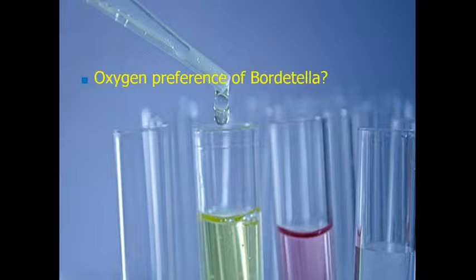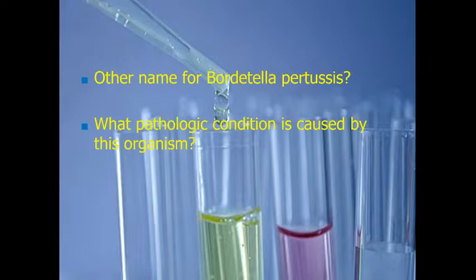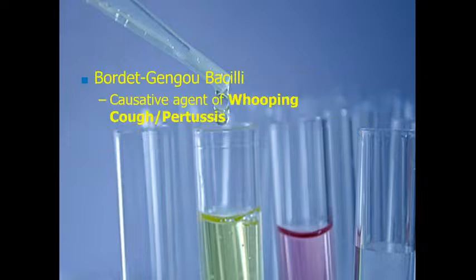And oxygen preference of Bordetella, it is an obligate aerobe. You'll see later why. Another name for Bordetella pertussis is, of course, Bordet-Gengou bacillus. It is the causative agent of whooping cough, also known as pertussis, also known as the 100-day cough.